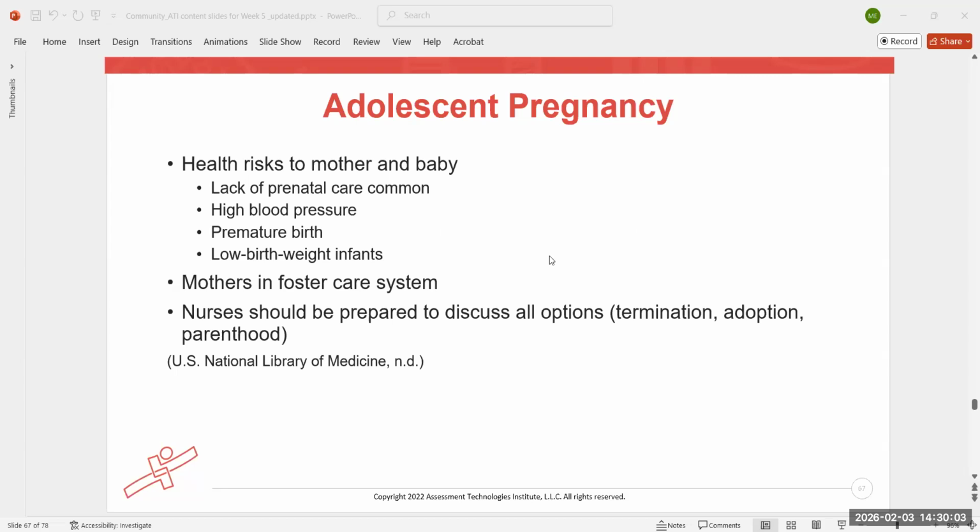So as nursing, we can help to assist with early identification and try to early initiate the prenatal care and help provide resources with pregnancy counseling, and help with applying for assistance programs. So that'd be like the WIC or prenatal services, and that can also help promote education.